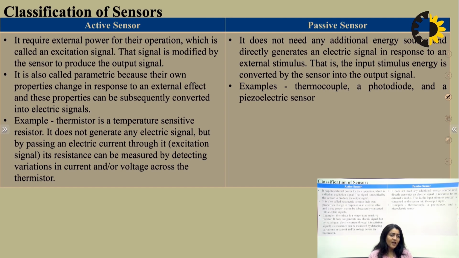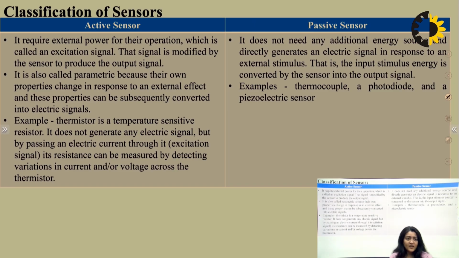So they have the ability to change their electrical conductivity in terms of vibration. Whenever you provide some pressure or force on this material, its internal structure is changed, due to which charge is generated, and that charge is converted into an output voltage.